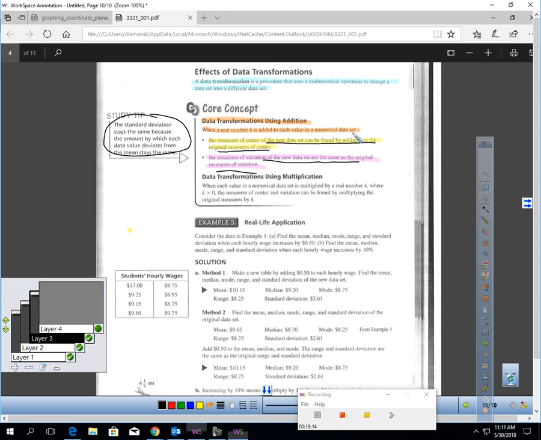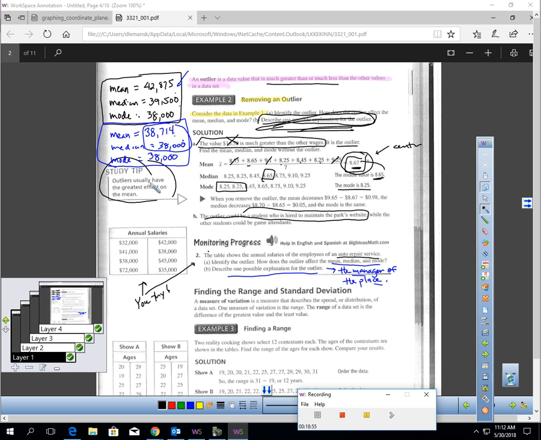Now, if you're reading that, you're like, what the heck is he talking about? What do they mean? Well, let's go to that auto parts example. And you can still see all the data from the original calculation. I'm circling it here. Let's pretend that we decided that we're going to add $10,000 to every salary of the data. So my real number k is 10,000.